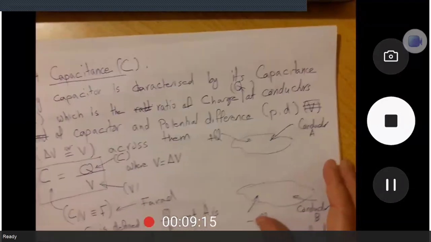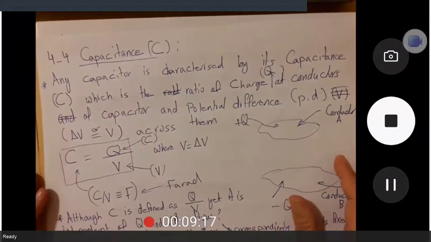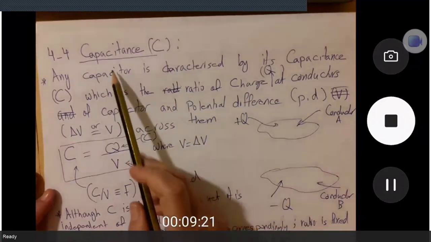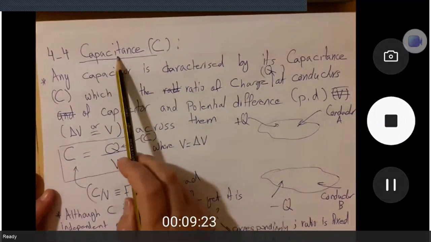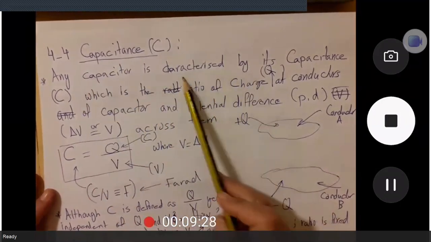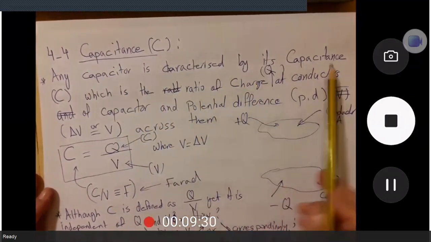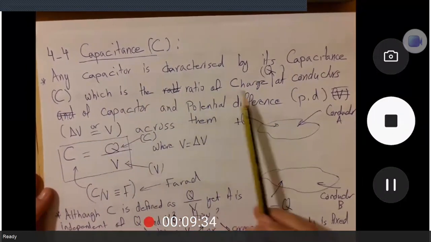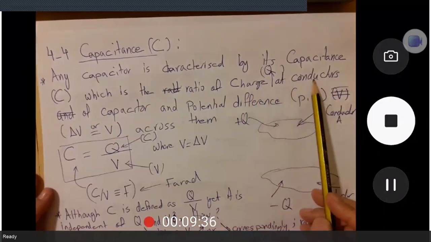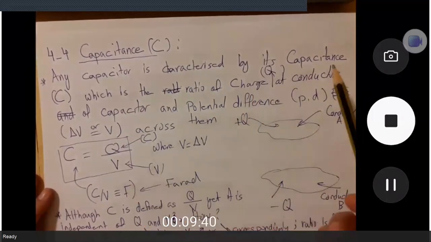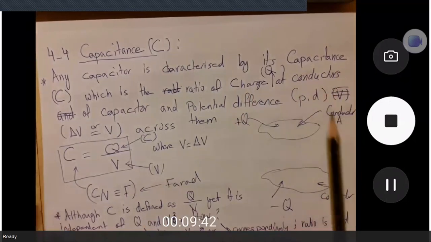Now, ladies and gentlemen, any capacitor is characterized by its capacitance. Under the title capacitance, any capacitor is described by its capacitance, which has the symbol C, which is the ratio of the charge on the conductors, Q or Q star or Q1, whichever. But surely we are talking about the positive charge.